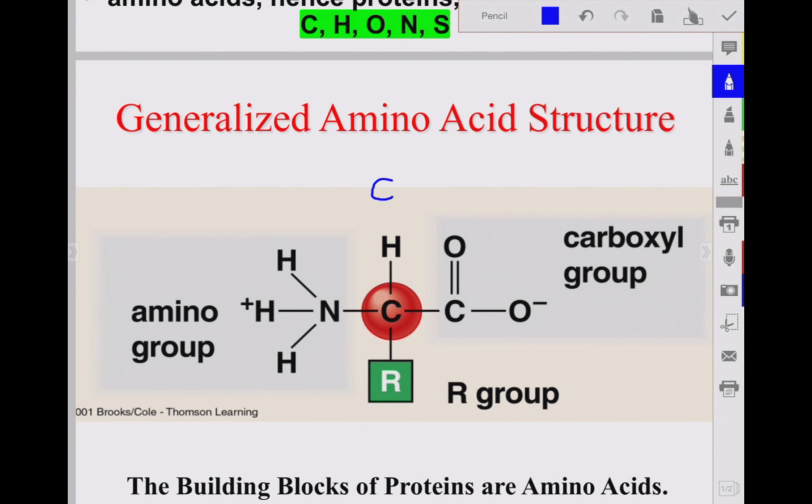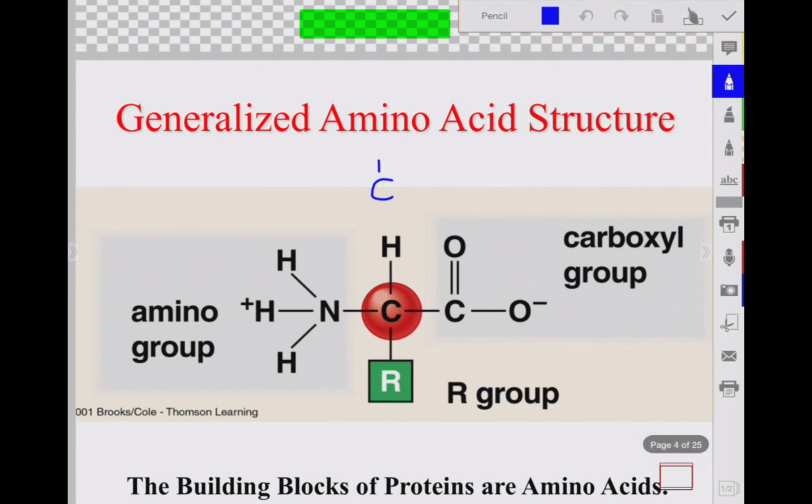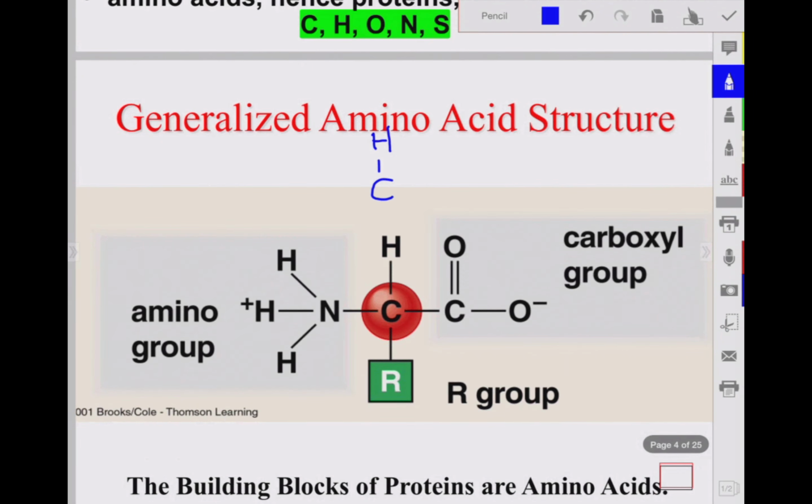Now, generally that primary carbon, we'll just draw a partnership with hydrogen, kind of par for the course. On the end, you can also see the carboxyl group drawn that way. One thing to be aware of is that that hydrogen right there is sometimes a little bit fragile, a little bit loose.